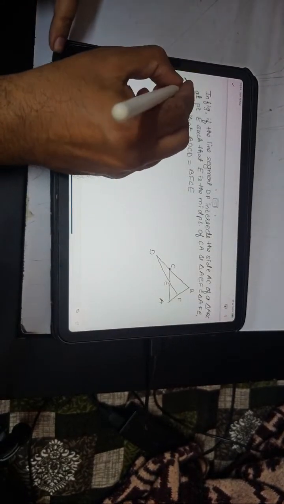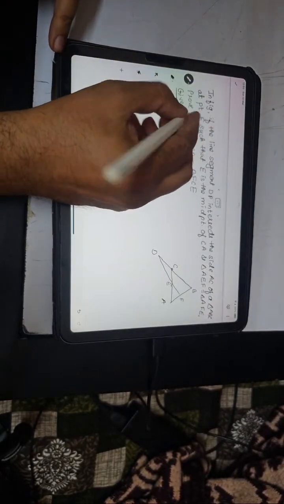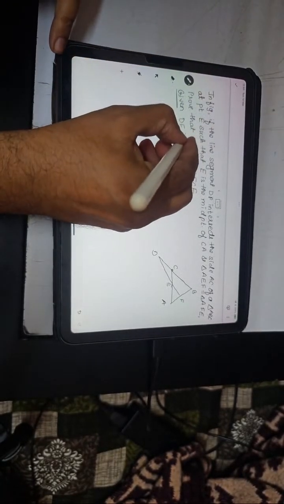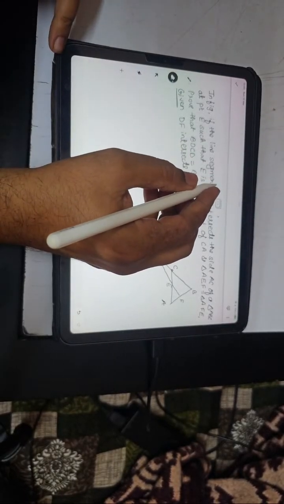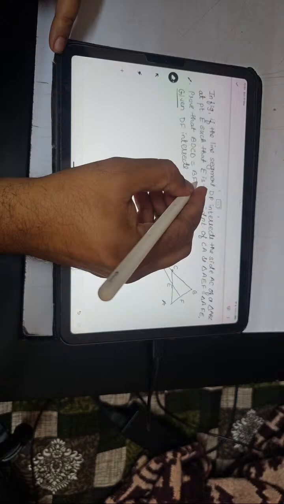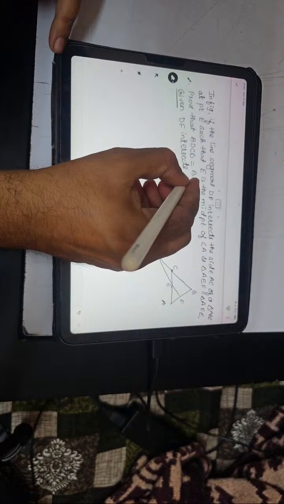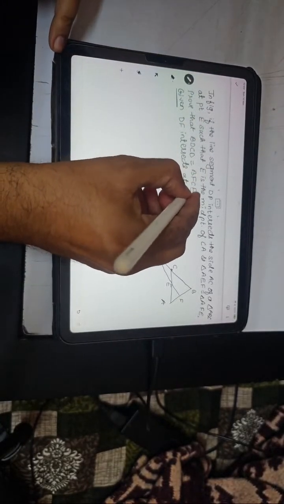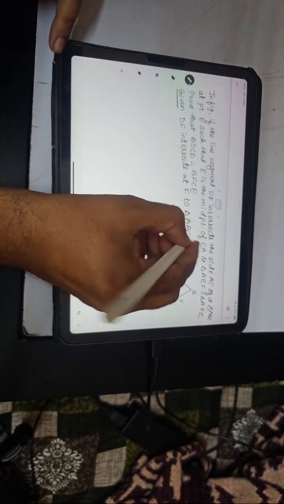see, first given thing is DF intersects AB at F to triangle ABC.